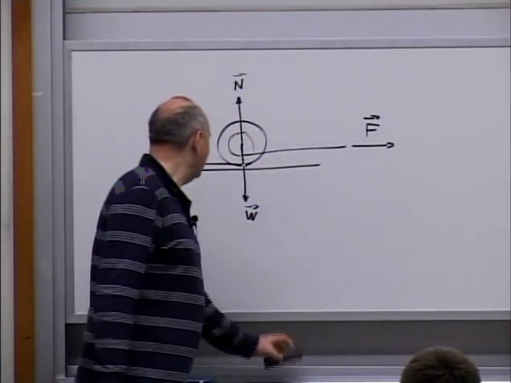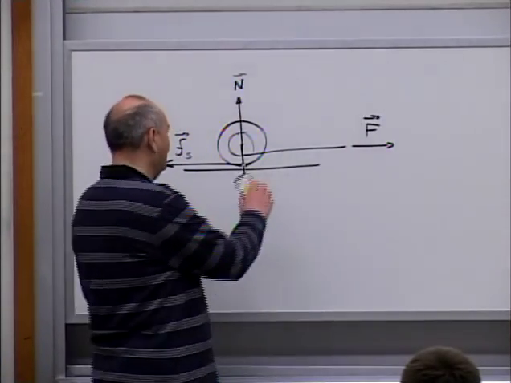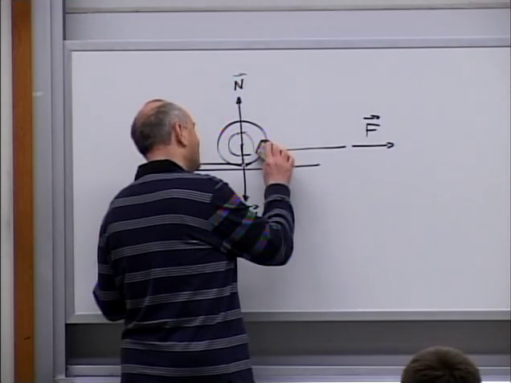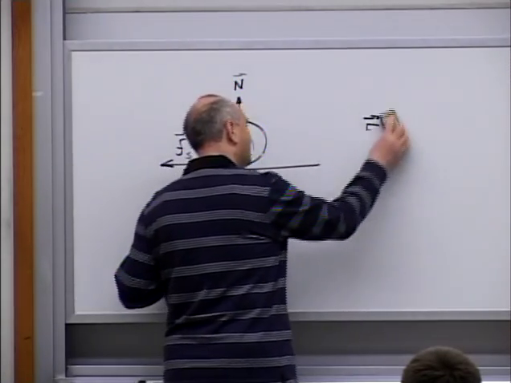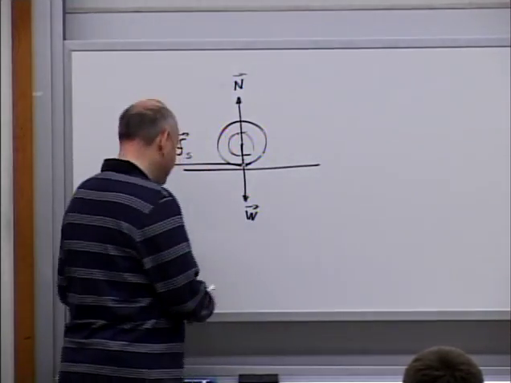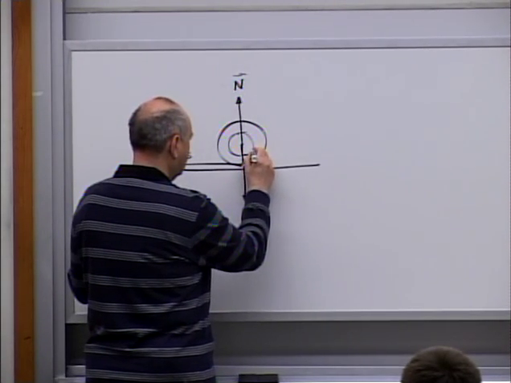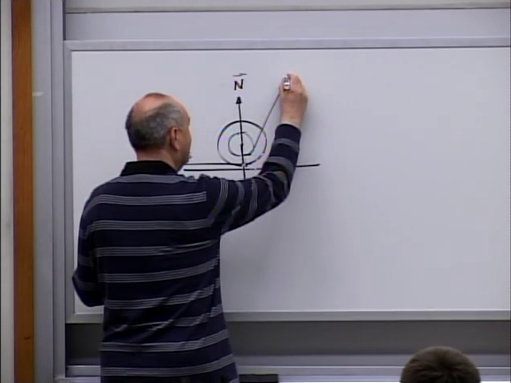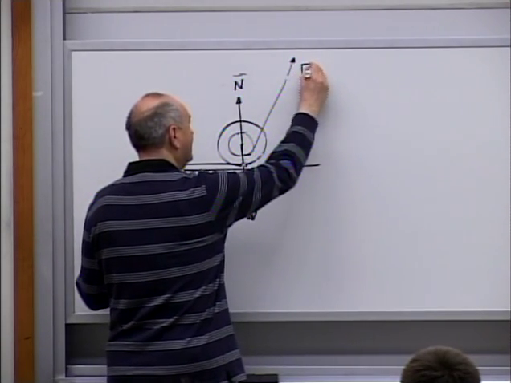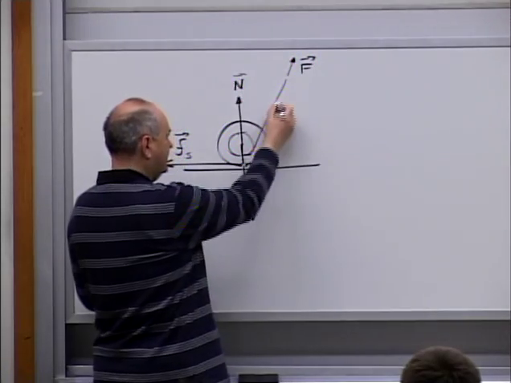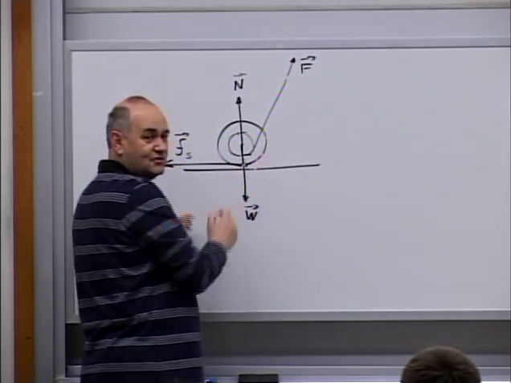Actually, how about if I put one more thing? What will happen if I pull it this way, so that the extension of the string goes through this point?